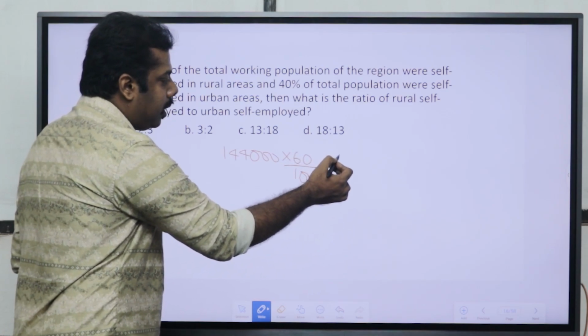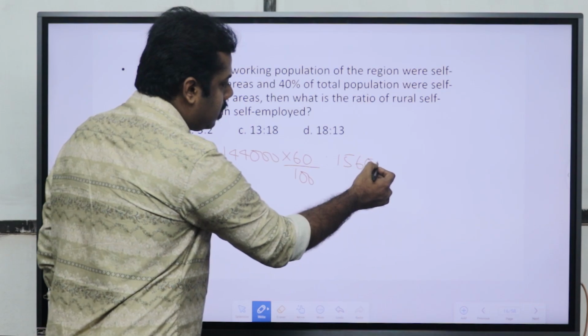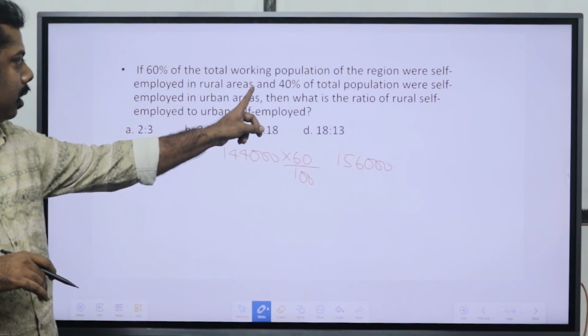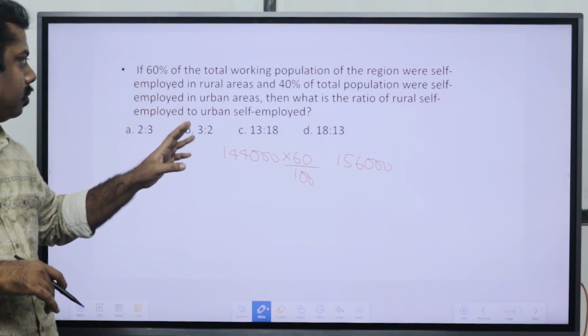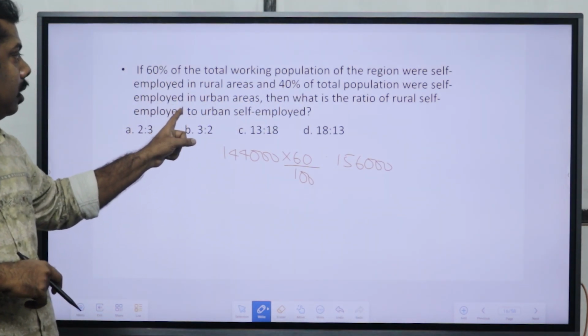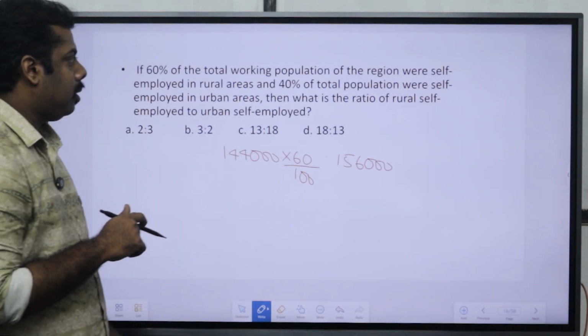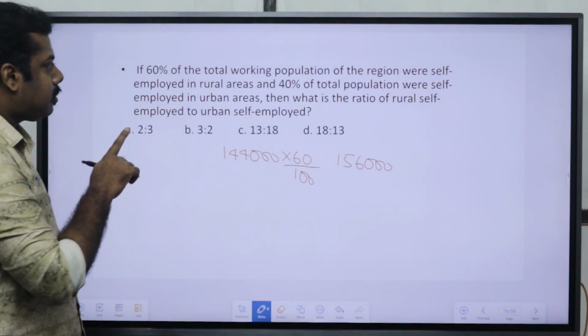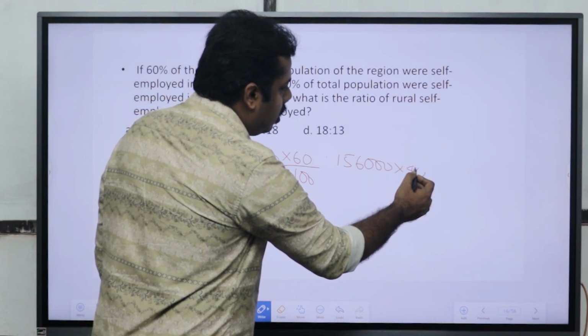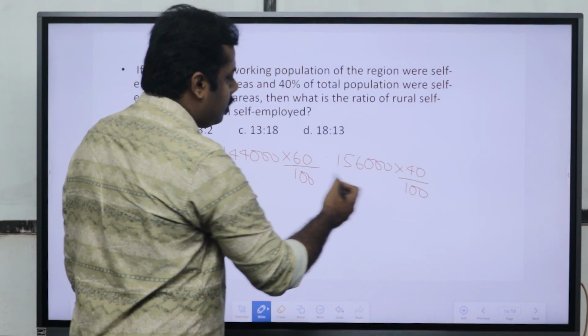Now in case of urban, as we know, 1,56,000 is the number of working population. They told 40 percentage of that were self-employed. So 40 percentage of this. We have to just find the ratio of these two values.